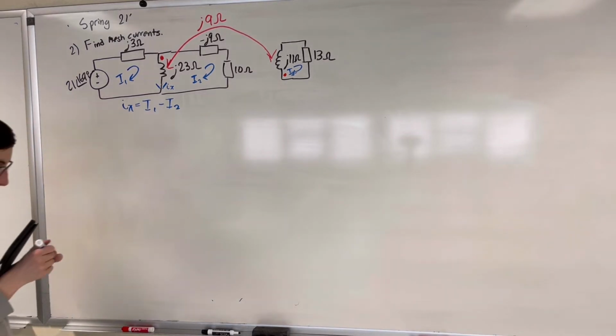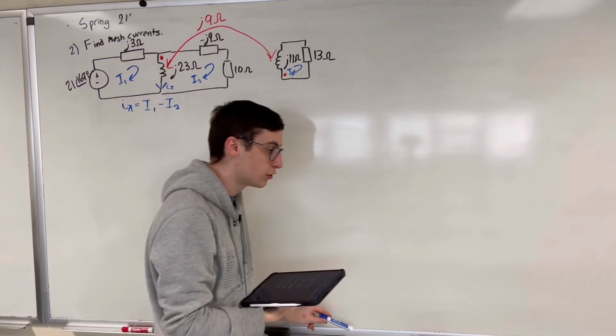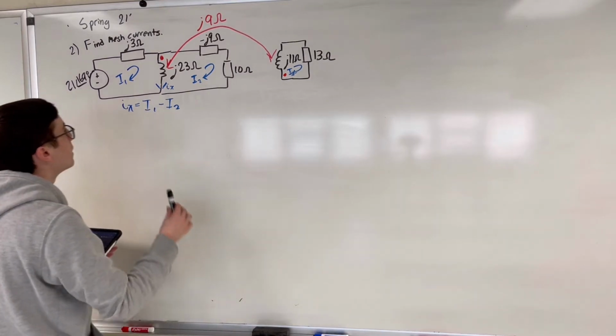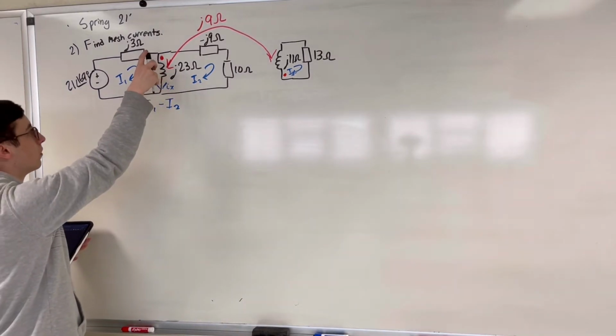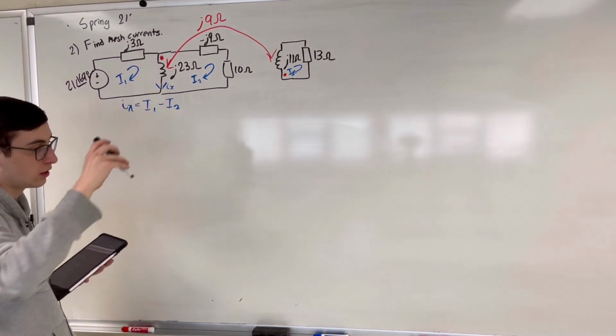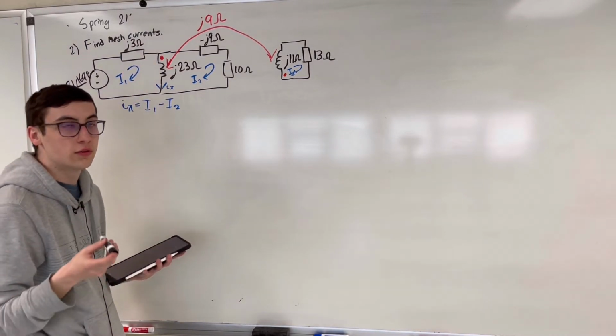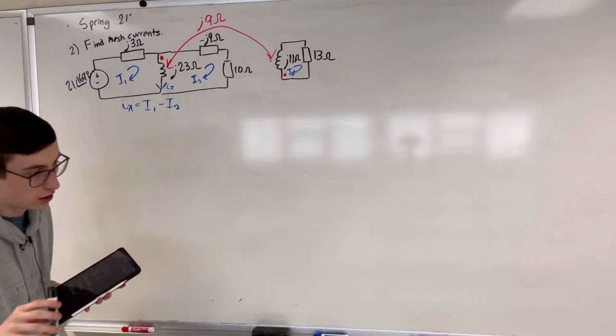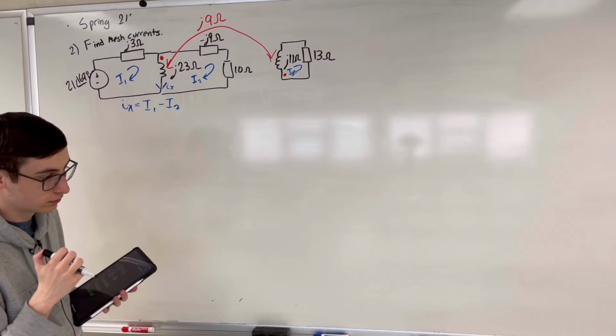And the problem is asking us to solve for the mesh currents. So now, since I drew my current flowing down, that means we have positive dot convention.